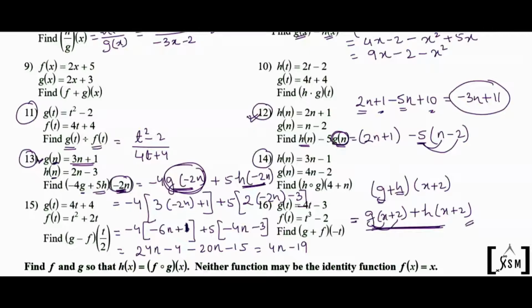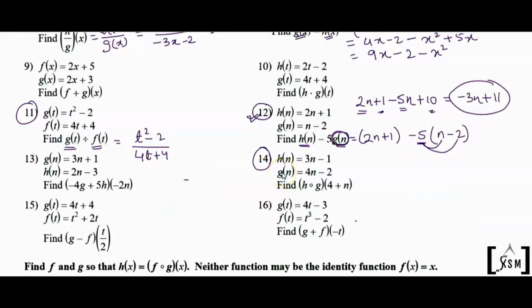Hope it makes sense. Again explaining this, it means that we will have to find g of 4 plus n first, like we had done previously in the question. This is not a multiplication, guys. We will have to find the front function first. So let me find that first. How to find g of 4 plus n? The g(n) function is given to us. In place of n, we'll just replace 4 plus n.